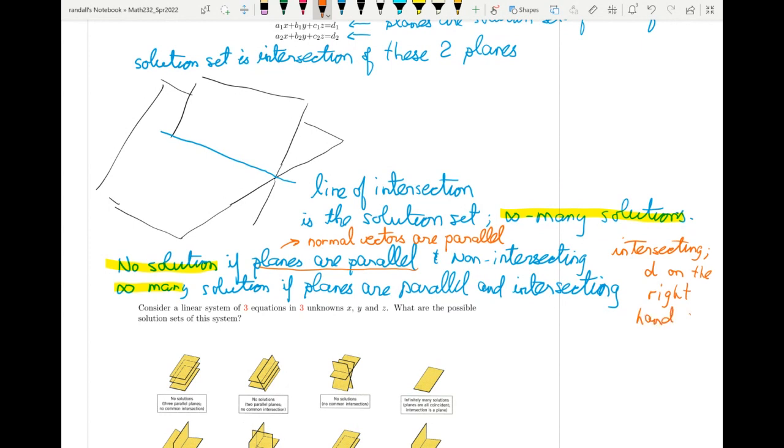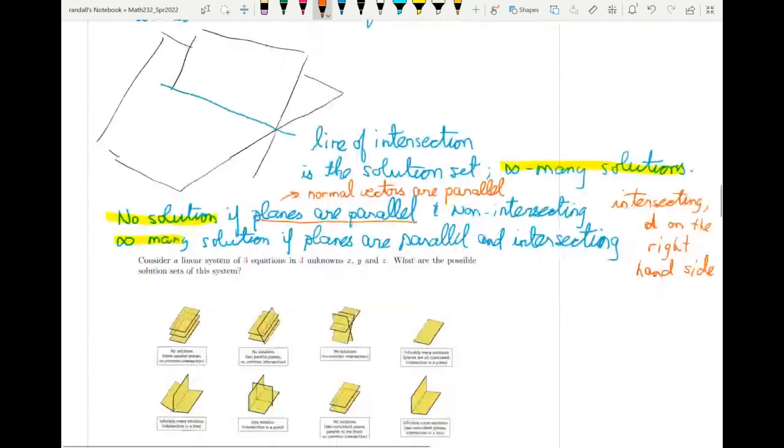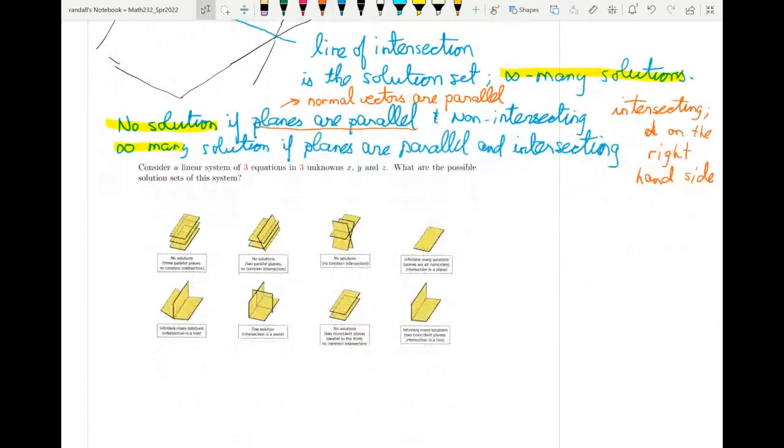Now it's not just the D, it also has to do with the way the normal is defined. But once you've decided whether the planes are parallel, you still have some more work to do to decide whether they're intersecting or not, and that has to do with the right-hand side of those equations. But you can do those things pretty simply. So this is a page, I think it's from the book, and it's nicely drawn.